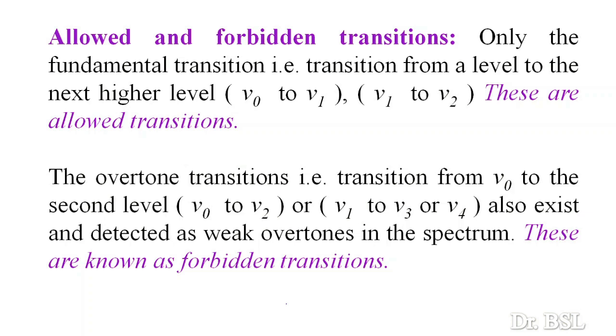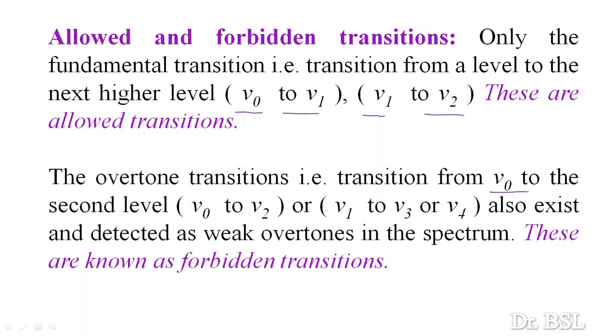Then two types of transitions are there, that is allowed transitions and forbidden transitions. Only the fundamental transitions, that is transition from a level to the next level, that is nu 0 to nu 1, nu 1 to nu 2, nu 2 to nu 3, etc. These are allowed transitions.